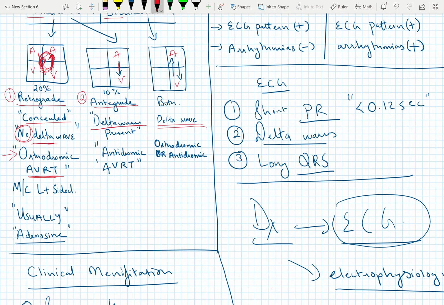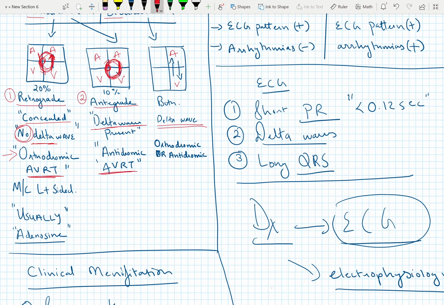Now, another example is if the impulse goes from the atrium to the ventricle through the accessory pathway and goes back towards the atrium through the AV node, and the cycle occurs like this, in which the AV node transfers the impulse from the ventricles towards the atrium. It is known as antidromic AVRT.